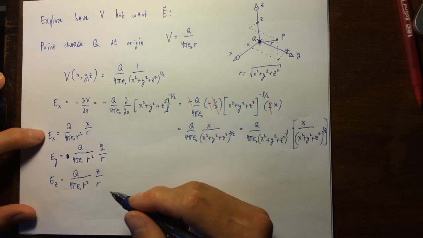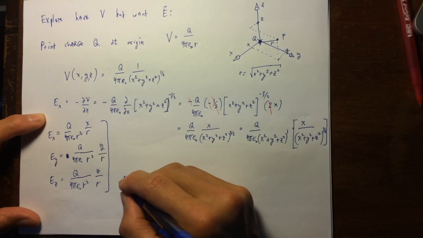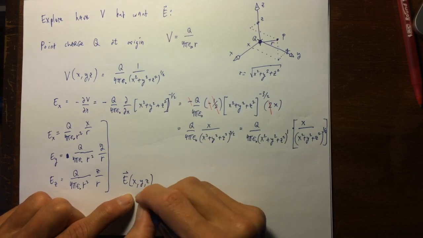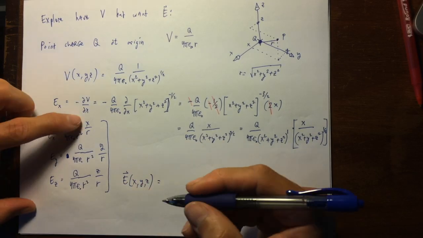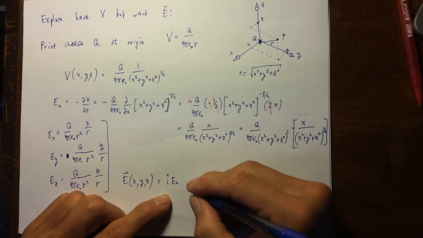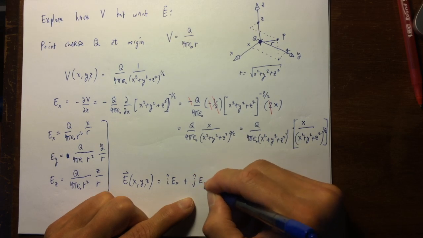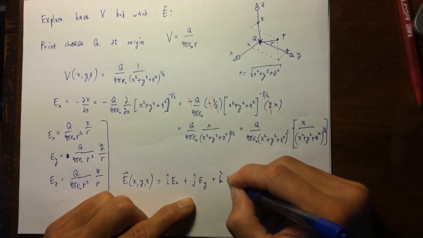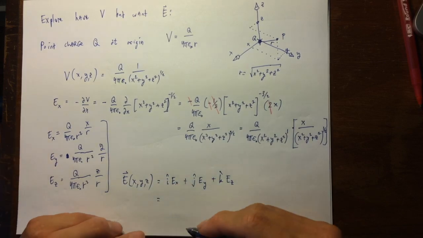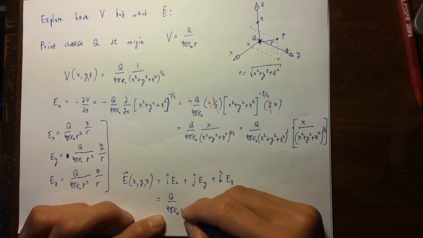Okay, so let me now take all of this information and write down the electric field vector. It is a function of x, y, and z, and it's equal to, remember, i hat Ex plus j hat Ey plus k hat Ez. So if I write all this out, I'll cut to the chase. Hopefully you can follow this along yourself.